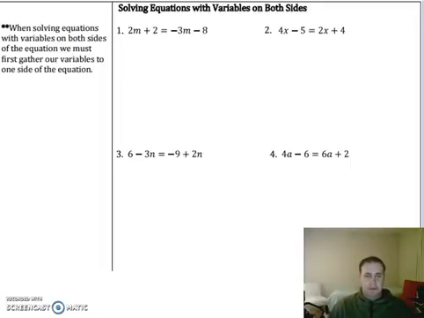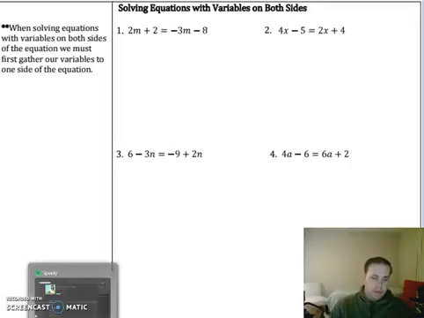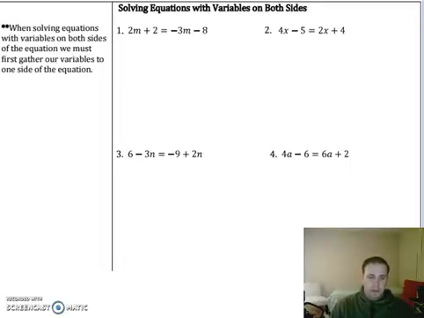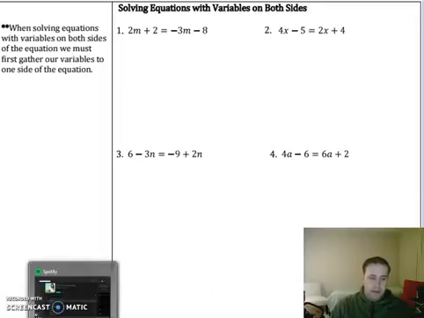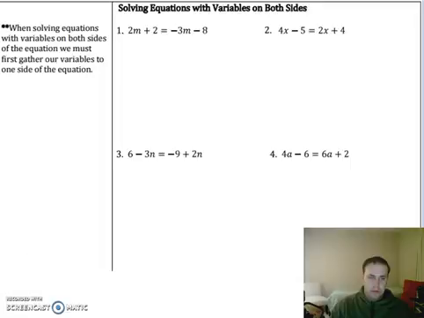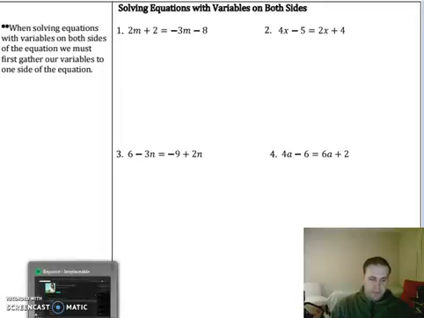You just have to be able to put the variables to one side. And as a math teacher, I like to put my variables to the left. Just to reiterate, where do I like my variables? I like my variables on the left side of the equation.